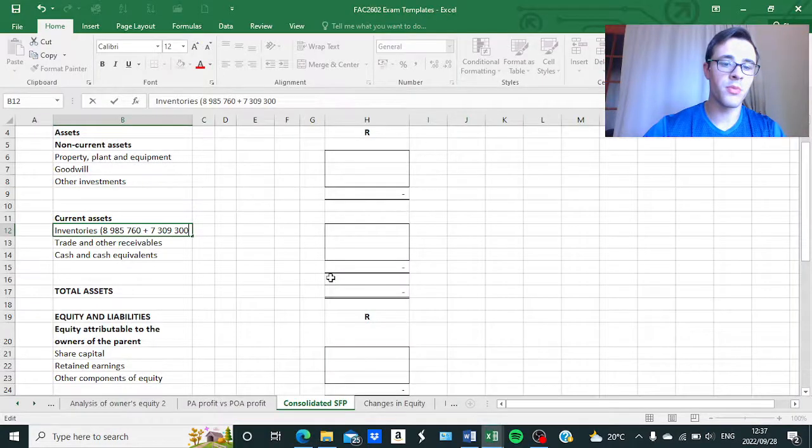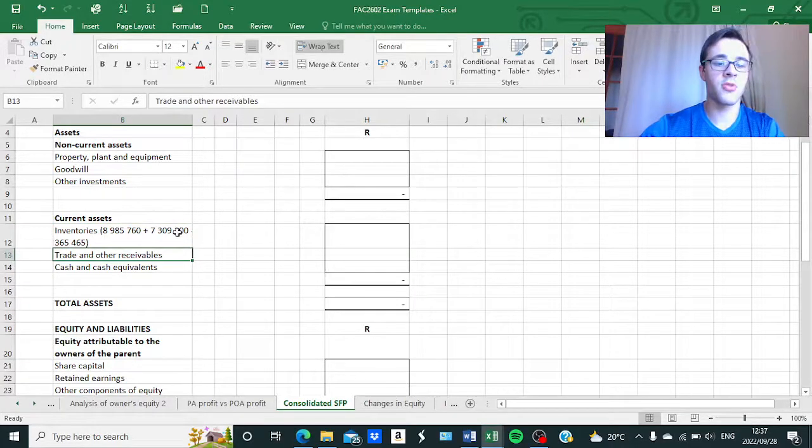And then we remove the unrealized profit of 365,465. Okay, that is the unrealized profit included in closing inventory.